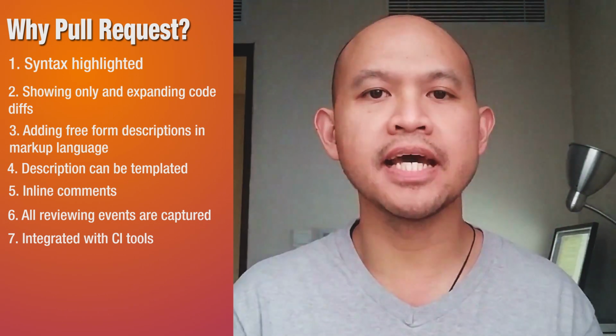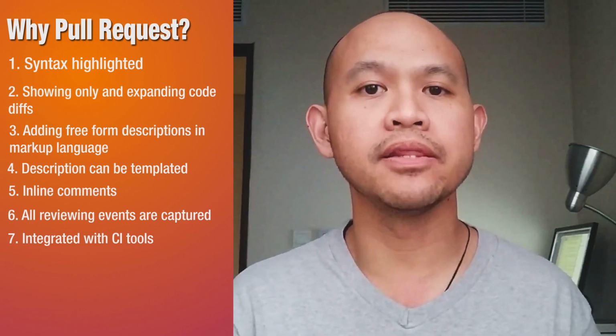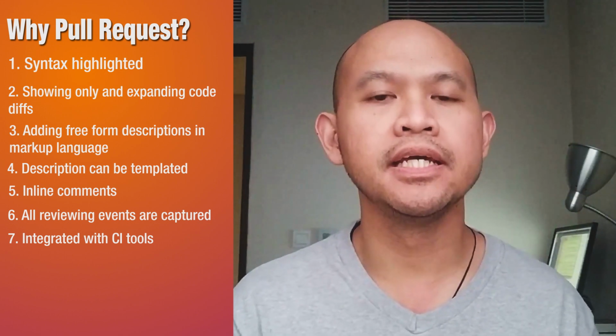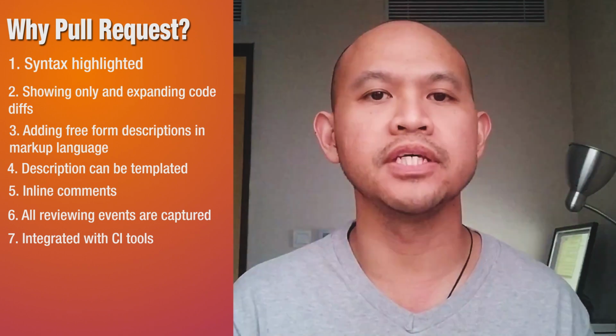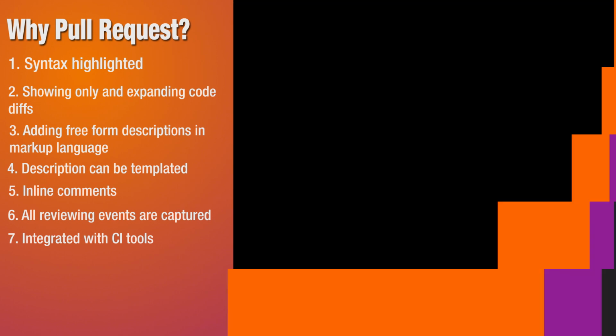What this means is that at the same time, while you're code reviewing, you can check whether the changes have passed testing or other automated checks that you have. So I suggest, if you haven't already, do your code reviews in features like GitHub's pull requests or something similar.